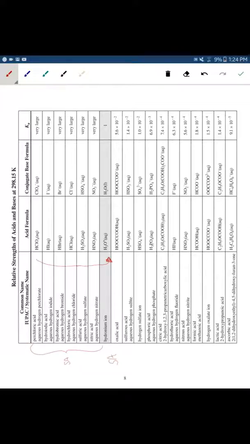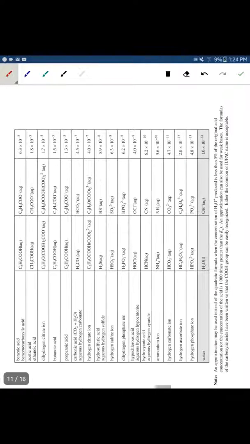Anything on my acid column going down this way gets weaker. Then on my other page, again, I like to add in that my strongest base is in my bottom right corner, and they get weaker as I go up.